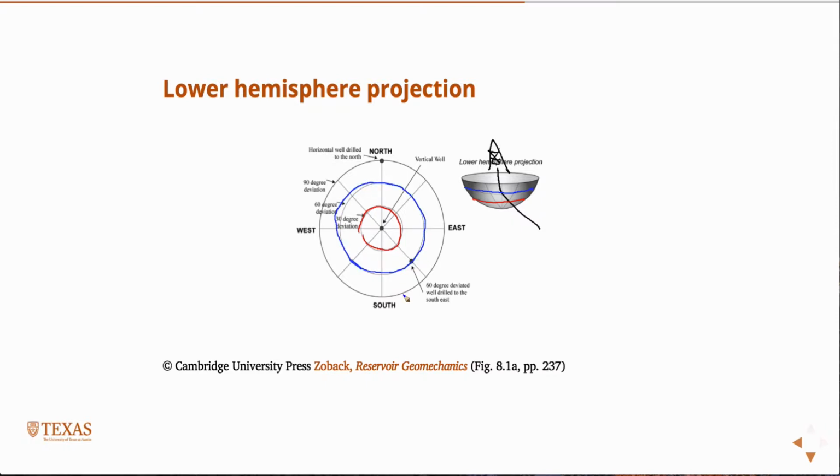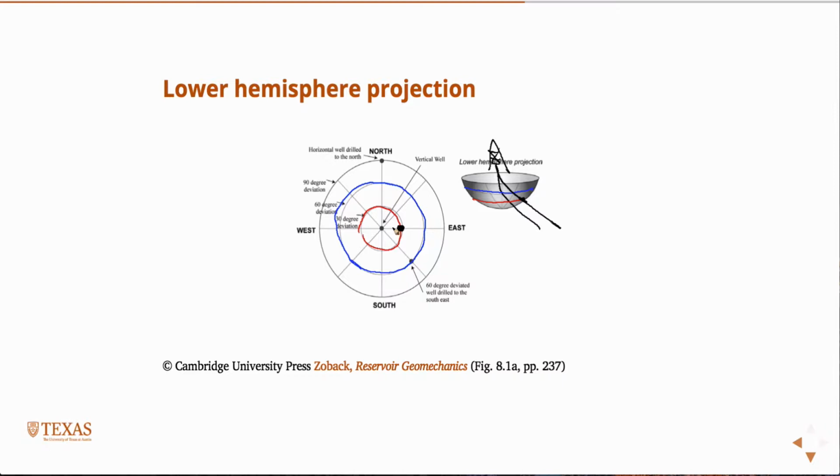So if I had a well that was arbitrarily deviated, as I have it drawn here, say drilled directly east and deviated 30 degrees, it would cross out right at that red line, and the way you would plot that point is right there.